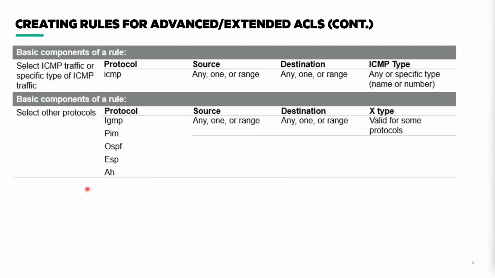You can create rules based on ICMP protocol, layer 4, IGMP, PIM, OSPF, and much more. And you have extreme flexibility based on the source, destination, and different actions, as well as extended action.